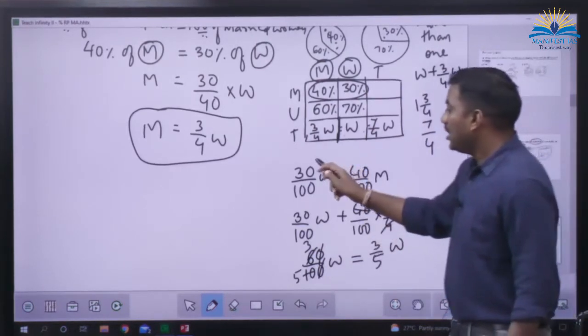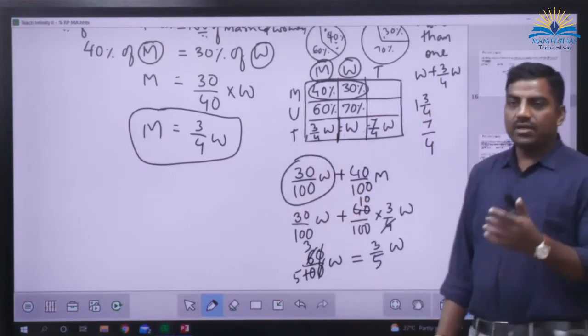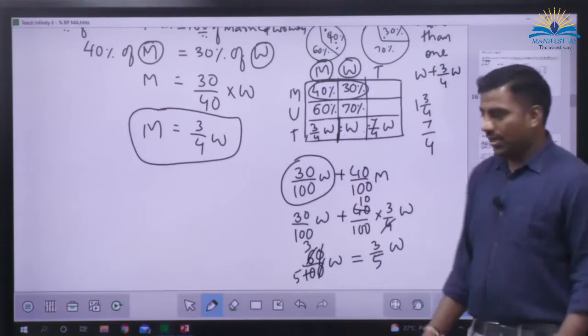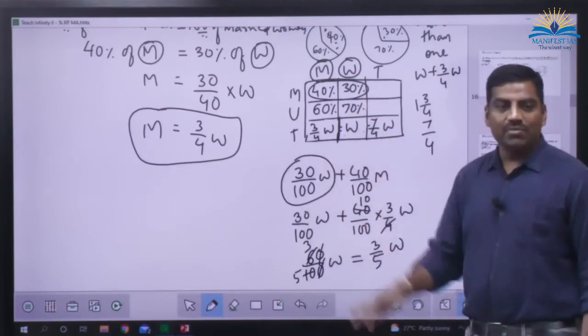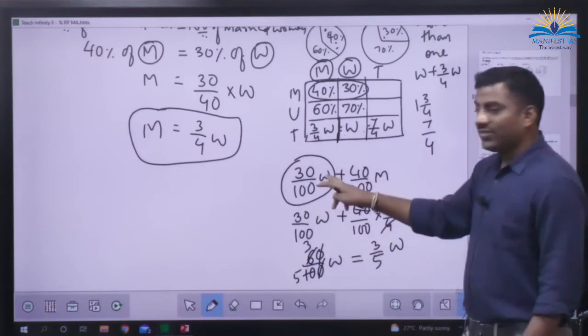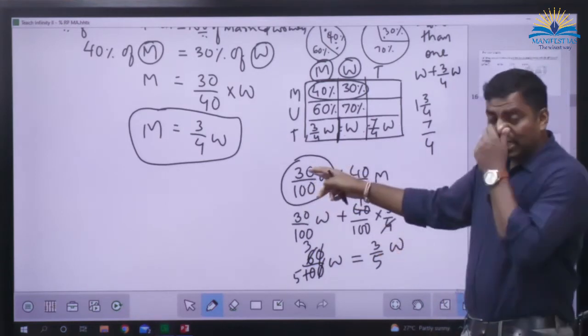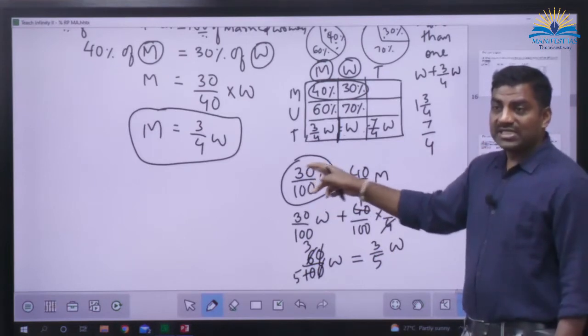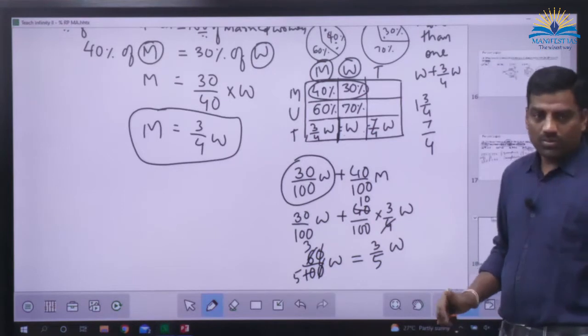Or simple. We have already arrived at the conclusion that married women is equal to married men. Married women are this. So many numbers of married men will be there, right? So double of this. 30 by 100 into 2 would have been 60 by 100. Now it has become 3 by 5.